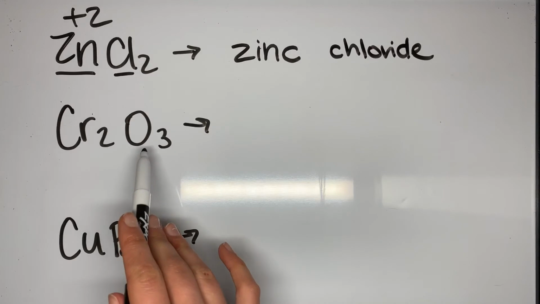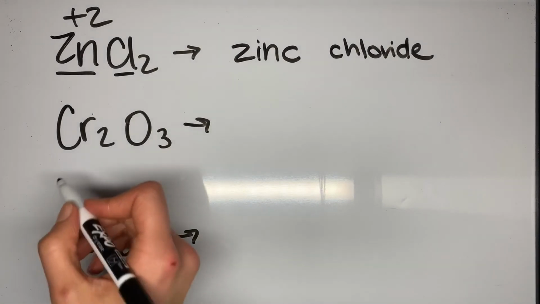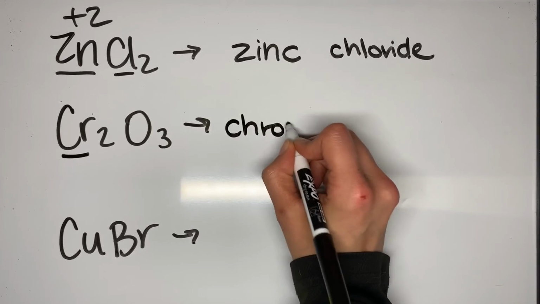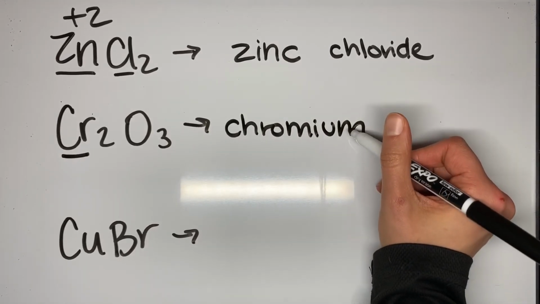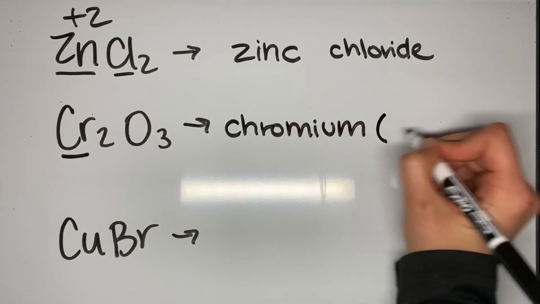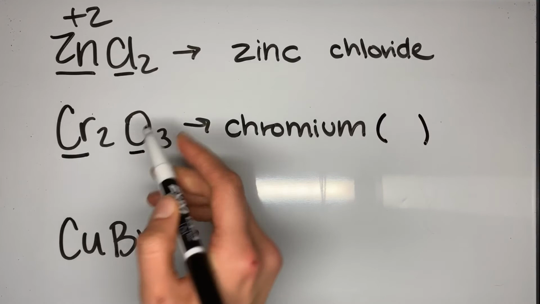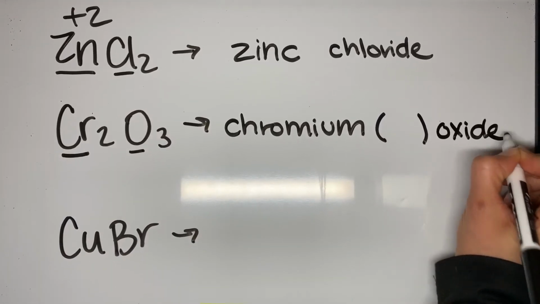For the second one, you can either reverse crisscross or do trial and error. Either way, we're going to write the name of the metal, which is chromium. We're going to leave space because chromium can have multiple charges, so we need to tell which one it is. And then we're going to put the name of the nonmetal with the IDE ending, so that is oxide.